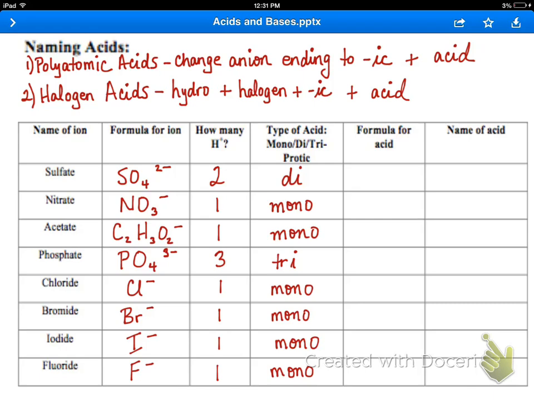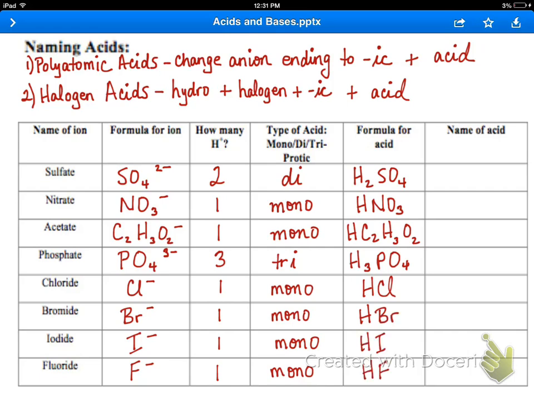So we'll fill that chart in. If a formula starts with an H, that's a signal that it is an acid. That's why the hydrogen always goes at the beginning, because it tells everyone that this is an acid formula. All of the H pluses go at the beginning.